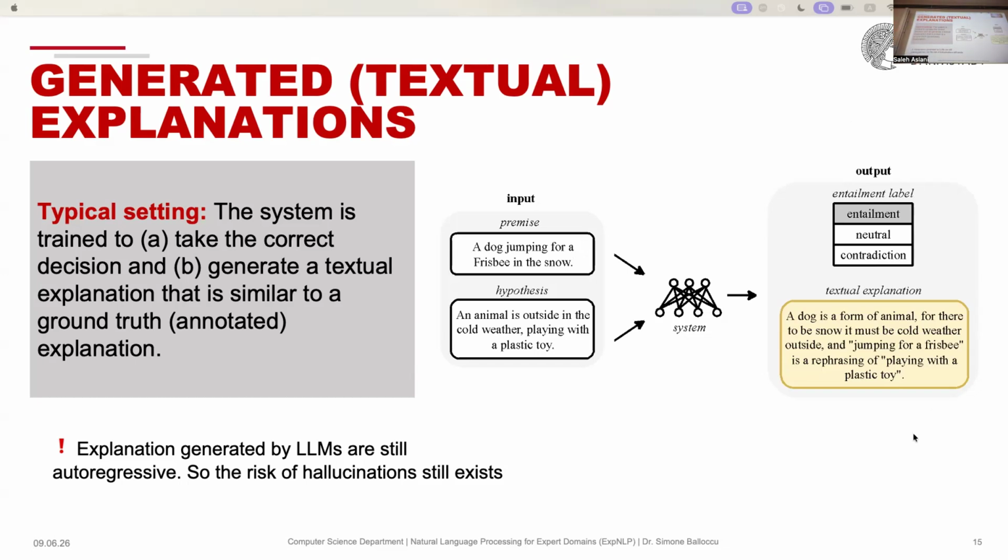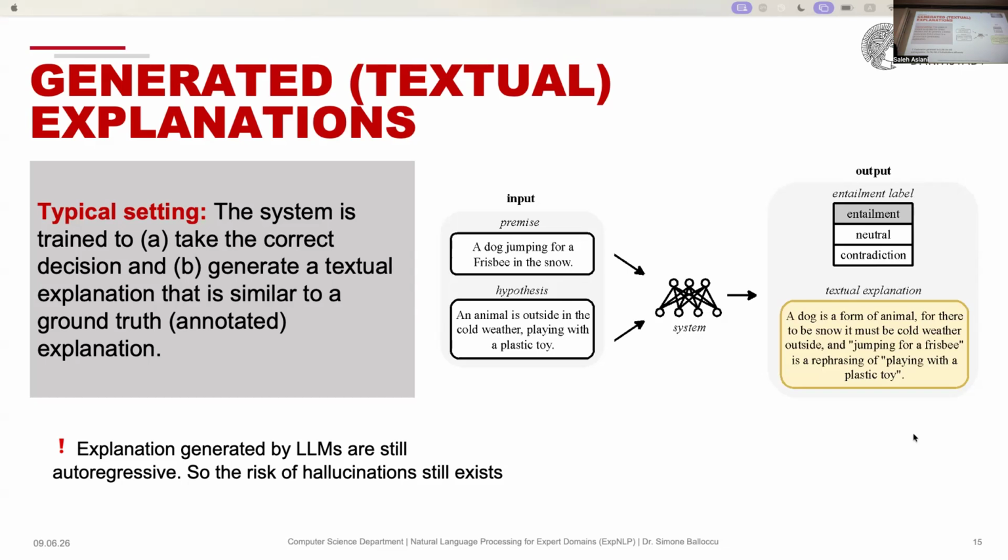To give you an example, look into this example. Imagine the model takes as input two sentences, one premise and one hypothesis, and it's deciding on the relationship between them, whether it's entailment, neutral, or contradiction.